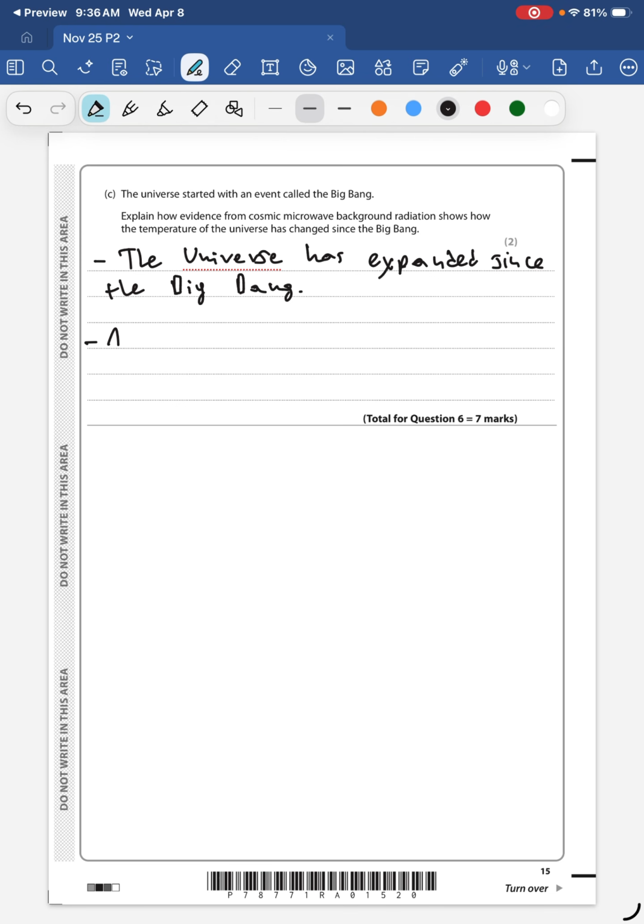Okay, as the universe expands, lambda from cosmic microwave radiation increases.